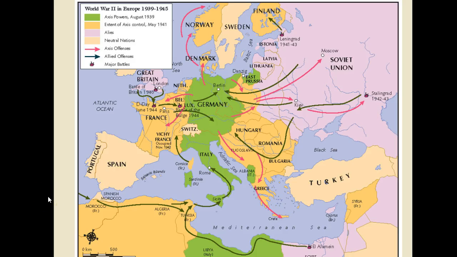Okay, if we look at the European arena, what we're looking at here is, in the first place, a big outthrust by Germany in the early years of the war, which is very hard to keep in check until after France is defeated and the US and Soviets join the war, and then the situation is reversed and there's this inexorable pressure put on Germany.